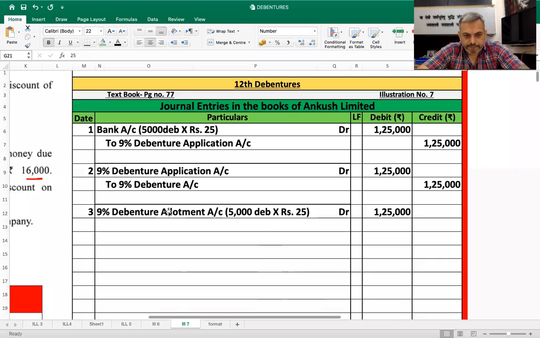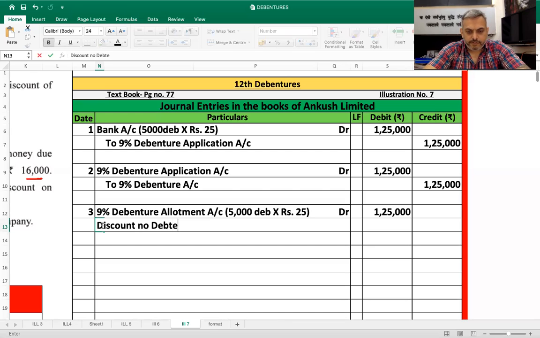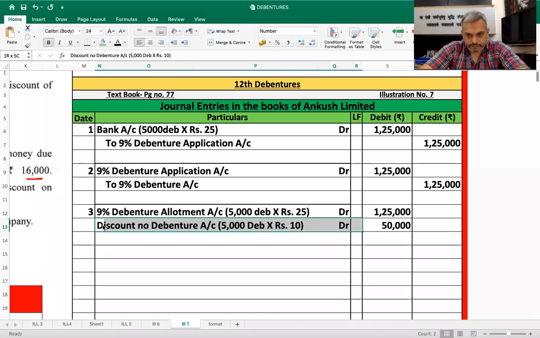So over here, discount on debenture account, 5,000 debentures into rupees 10, 50,000. I'm highlighting it.